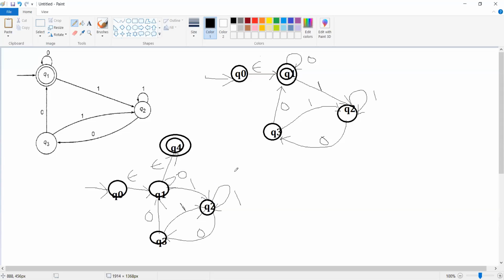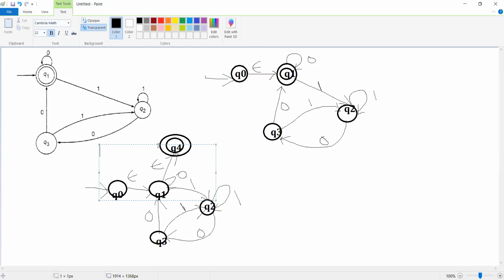Okay, now please have a look at this. Did we solve the problem of having incoming transitions for the initial state and outgoing transitions for the final state or not? Yes, now we have solved the problem by introducing a new initial state and a new final state.